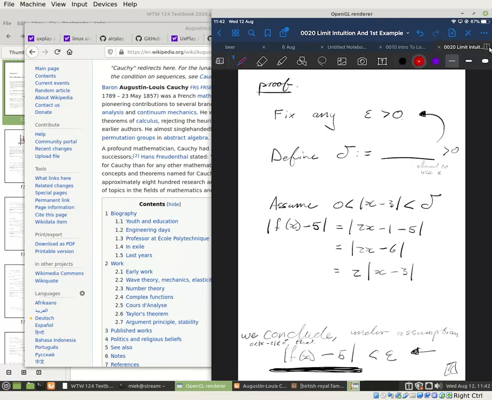Now, let's see here. This part looks suspiciously like that part. But we have assumed that this thing is less than delta. So under this assumption, this expression is less than 2 times delta. Okay. However, now notice here, we have control over the delta. We are free to choose the delta.